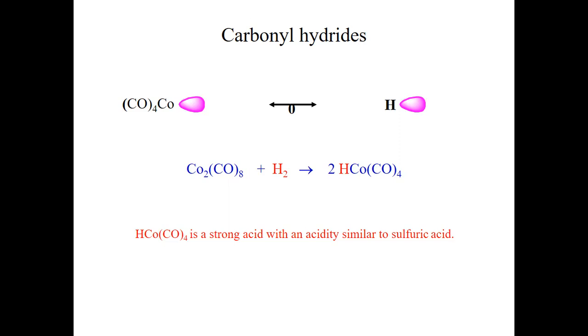So therefore, it tries to make a single bond with another fragment in order to fulfill the duet rule. So therefore, a hydrogen ligand can be considered to be isolobal to a 17 valence electron organometallic fragment, okay, which also has one frontier orbital with one electron in it. So that means then it should be possible to combine a cobalt tetracarbonyl fragment, which is a 17 valence electron fragment, with a hydrogen fragment to make what is called a carbonyl hydride, okay, HCo(CO)4.